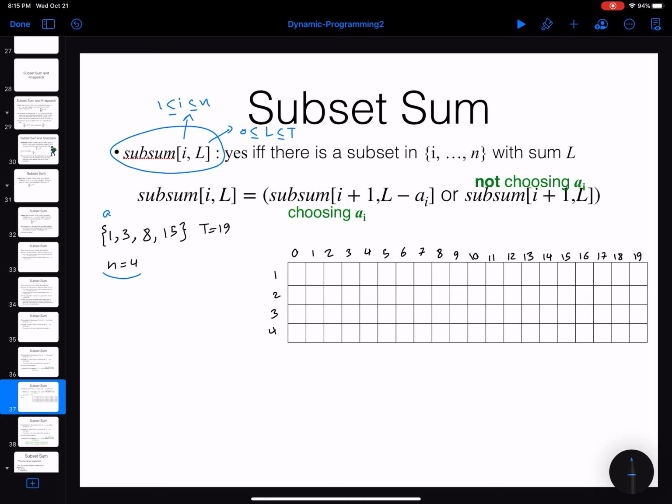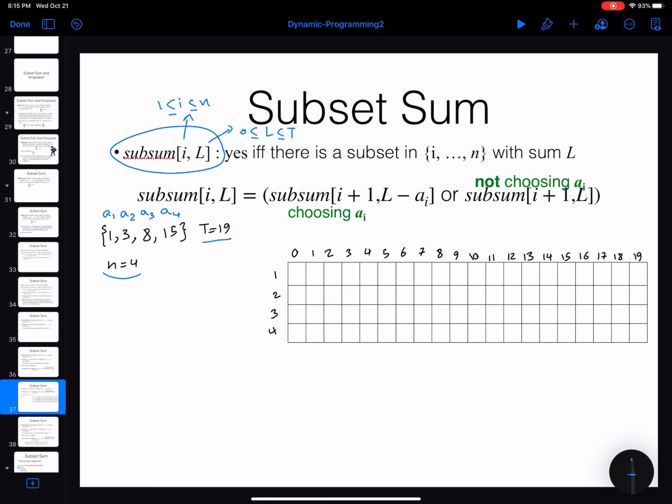Unlike the case of interval scheduling, I don't care if they are sorted from the smallest to largest or random. In this case, they haven't been sorted. So let's just call them A1 to A4. And t, the target value that we are looking for, is 19.